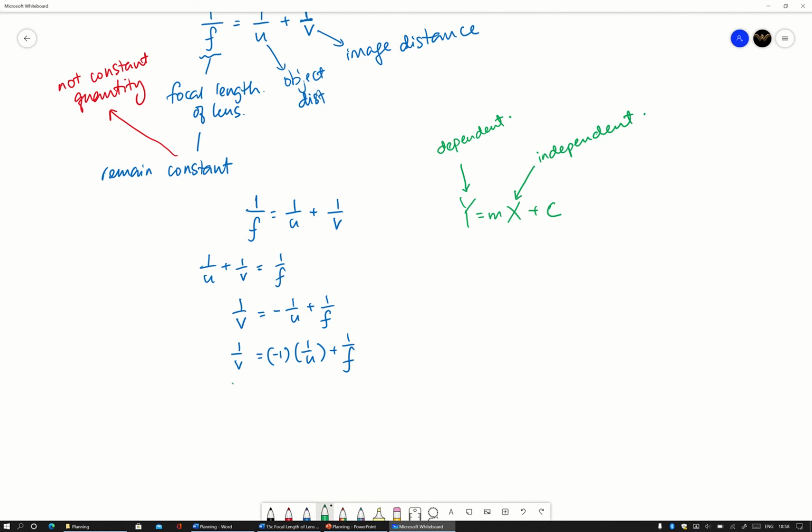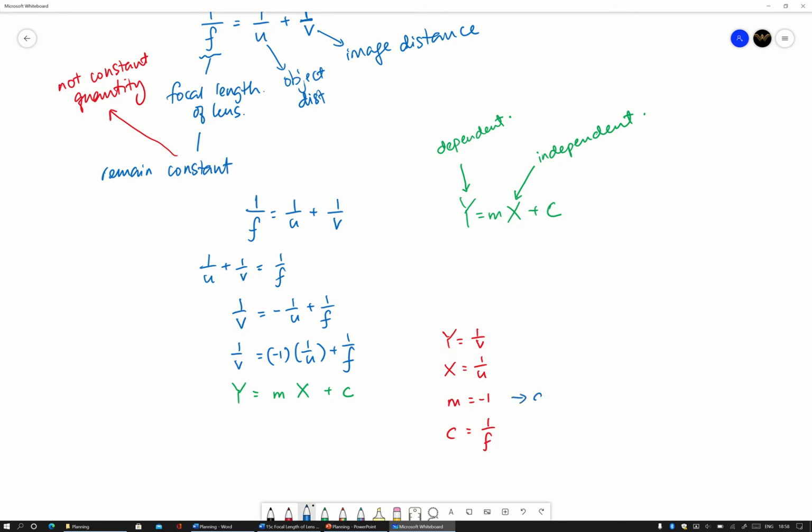And then we have it, y equals mx plus c, where y equals 1 over v, x equals 1 over u, m equals minus 1, and c equals 1 over f.